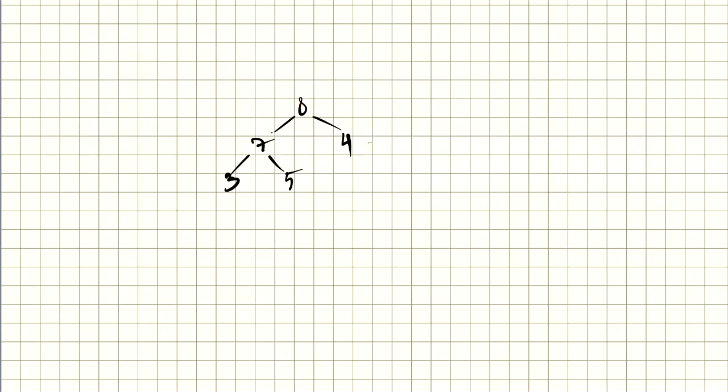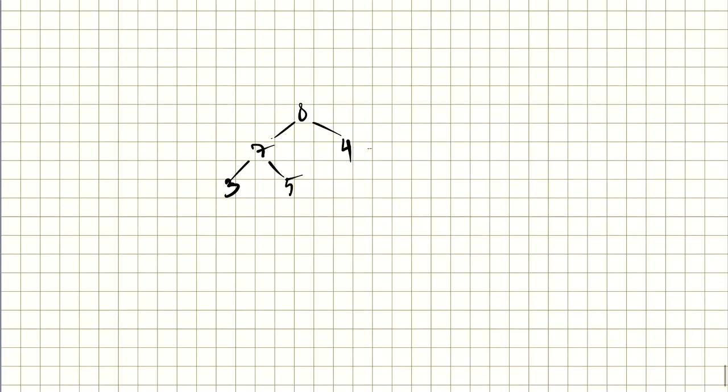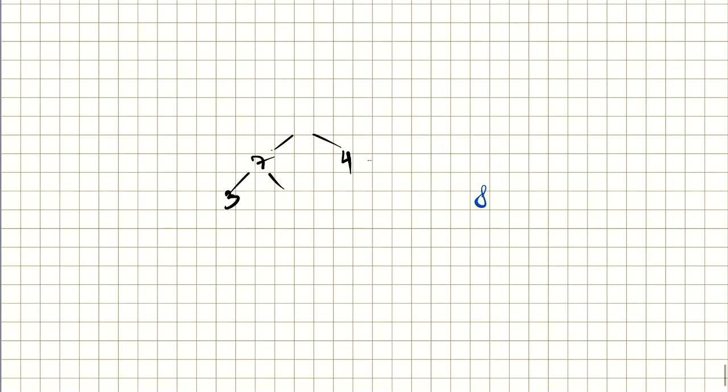What normally happens: we take this 8 and put it somewhere aside, we're going to return this. And to ensure the completeness invariant holds, we take the last element, 5, and put it at the root. So this is how the heap will look afterwards. 8 is going to be returned, and this is our heap now.